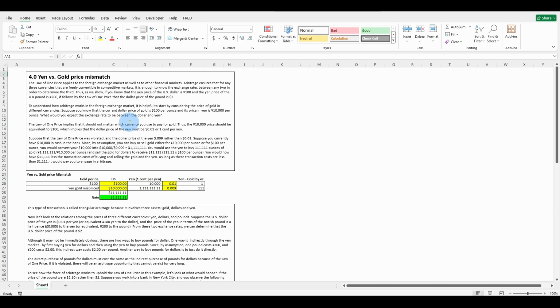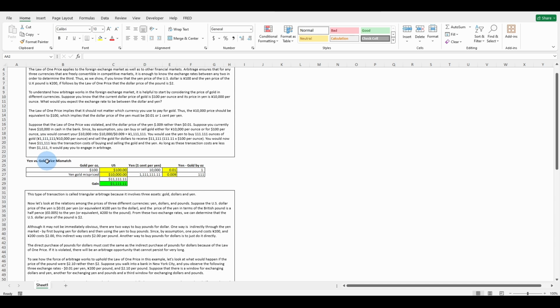You could use the yen to buy 111 ounces of gold, so it's 1.1 million divided by 10,000 yen per ounce, and sell the gold for dollars to receive $11,111. You would now have $11,111 less the transaction cost of buying and selling the gold and the yen. As long as these transaction costs are less than $1,111, it would pay to engage in arbitrage.